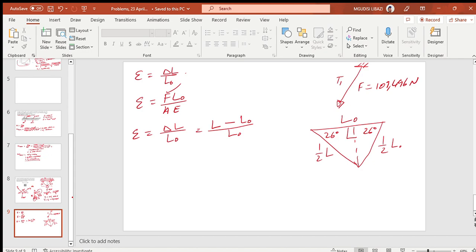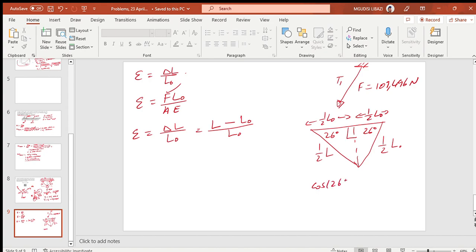So we can use adjacent. If the full distance here was L initial, that simply means we have 1 over 2 L initial plus 1 over 2 L initial here. Considering the triangle on the left, adjacent divided by hypotenuse is cosine.